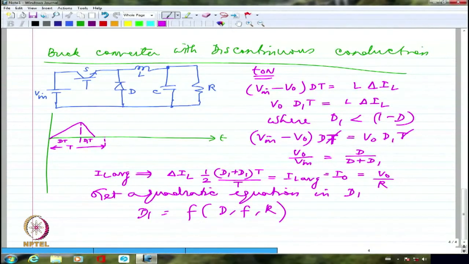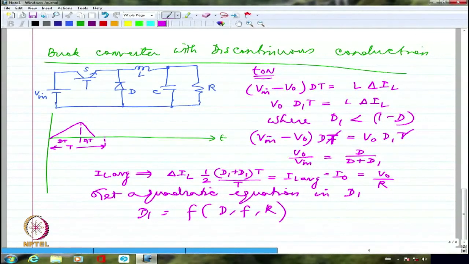The moment you get a negative current, you know it is going into the discontinuous conduction mode. At that point, you should be able to solve for D1 by using the quadratic equation you derive. From that, you would be able to derive the expression for D1. Once you get that, the rest of the relationships are directly possible to arrive at. Not a problem at all.